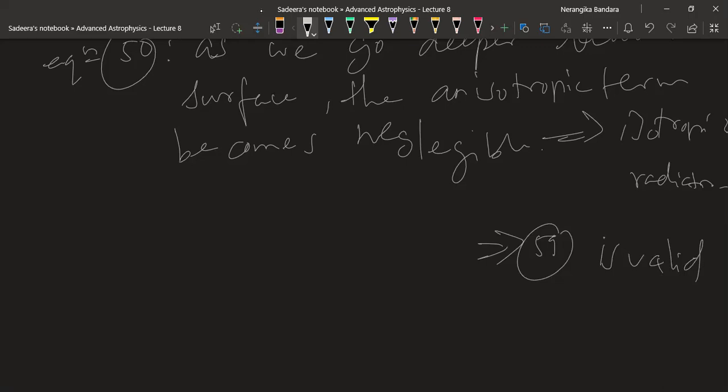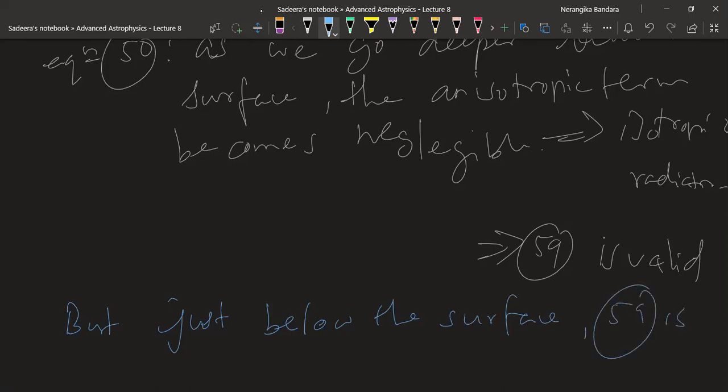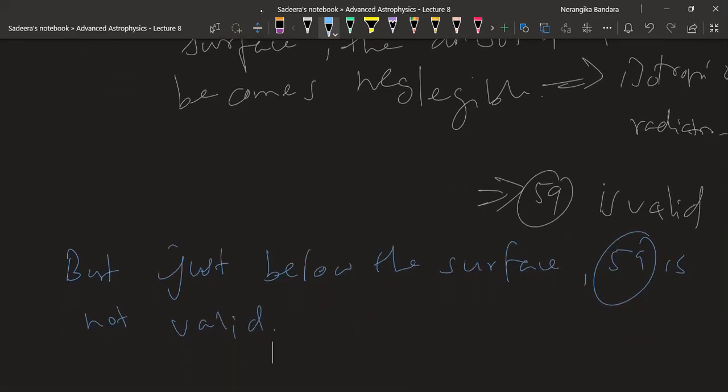So this is deep inside the atmosphere, deep below the surface. But equation 59 would not be valid just below the surface, because just below the surface it's not going to be isotropic radiation, according to equation number 50.